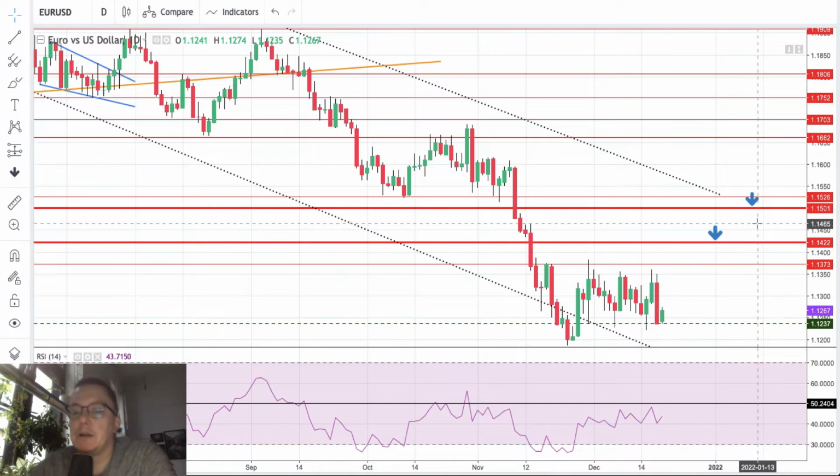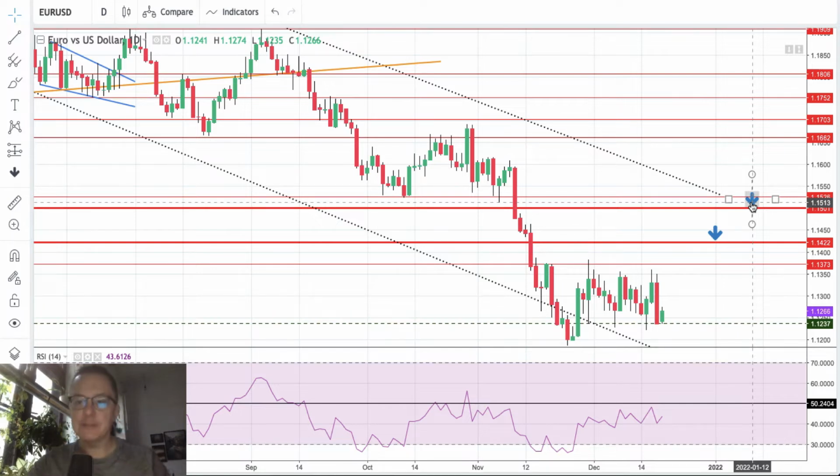The key short-term technical resistance to mid-term technical resistance, and the real game changer on the euro dollar is the level of 1.1501. As you can see, I have marked this level with my blue arrow, of course. So please keep an eye on the euro dollar for a possible breakout.